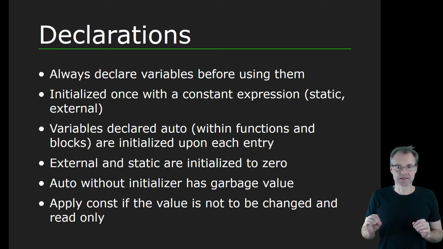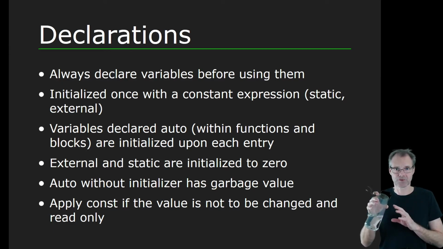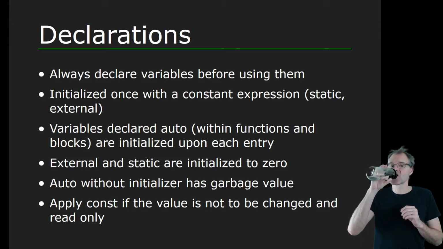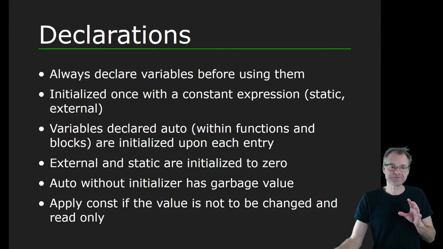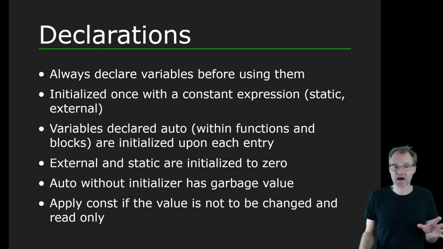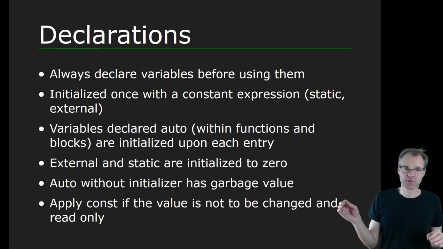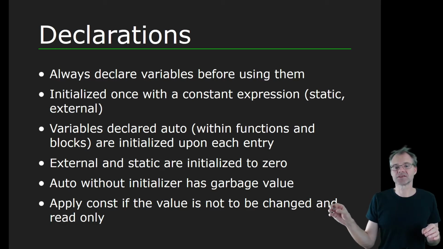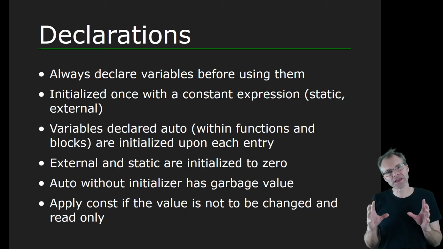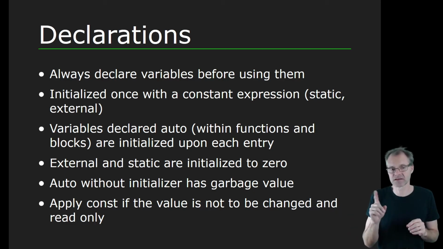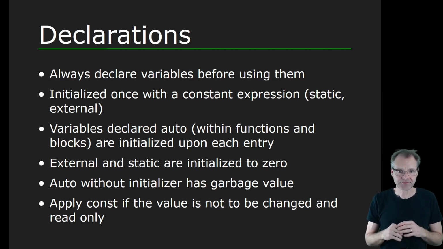About declarations, we should always declare the variables before we use them. So always declare before usage, or we get a compilation error. We can initialize them once with a constant expression, which relates to the static and external variable classes. Let's take a note on them shortly.